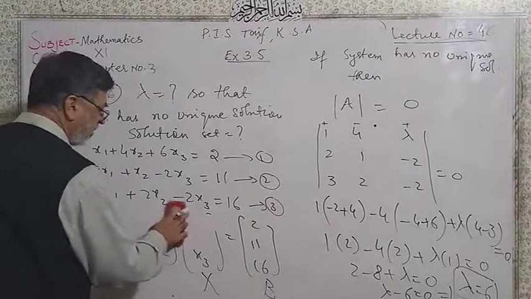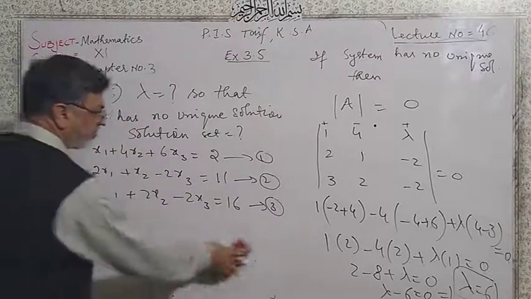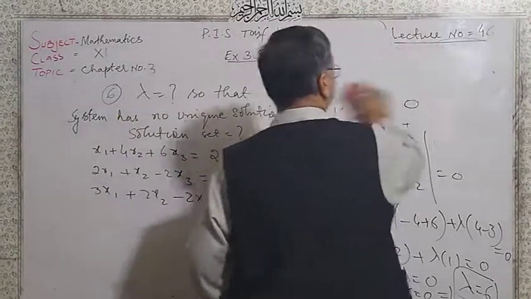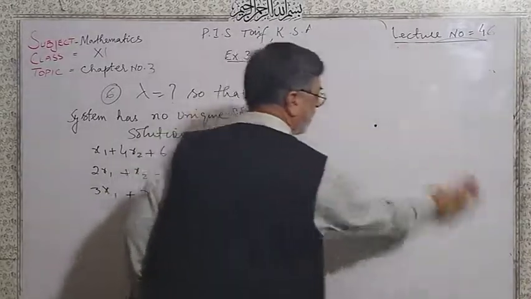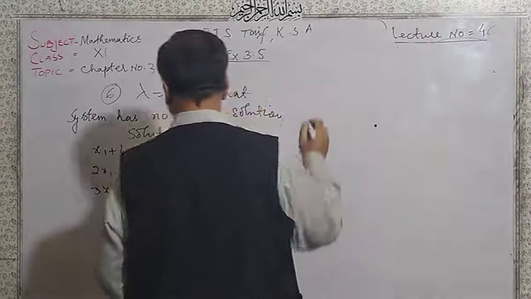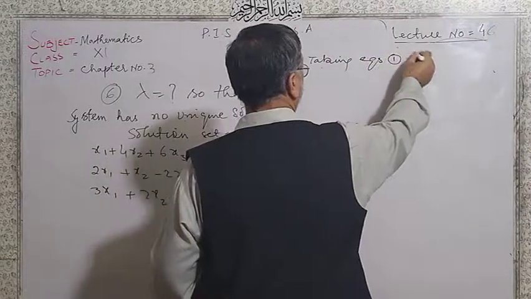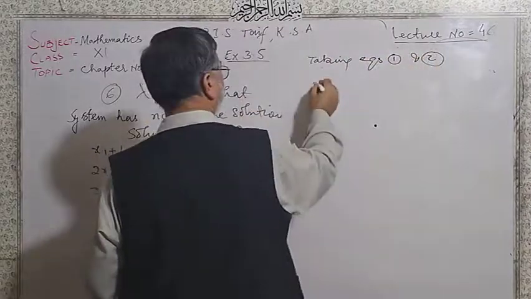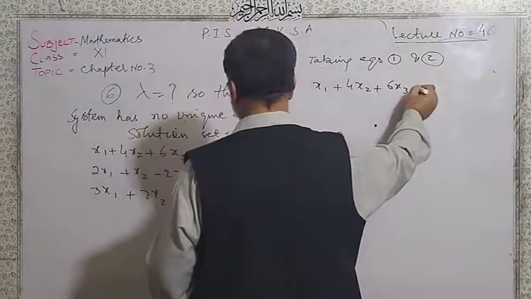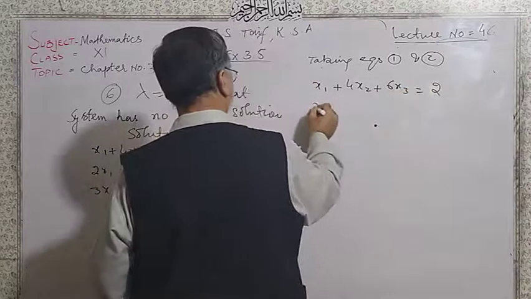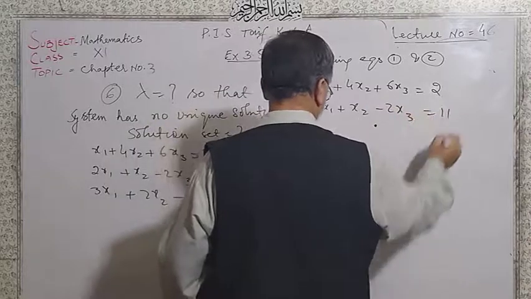Now solving them simultaneously like the previous question. Taking equations 1 and 2. Here we have x1 plus 4x2 plus 6x3 is equal to 2, and 2x1 plus x2 minus 2x3 is equal to 11.